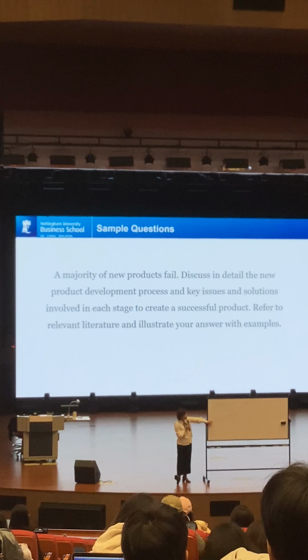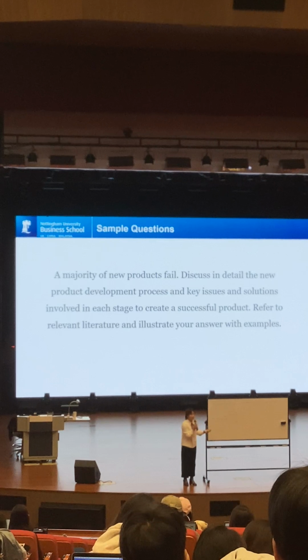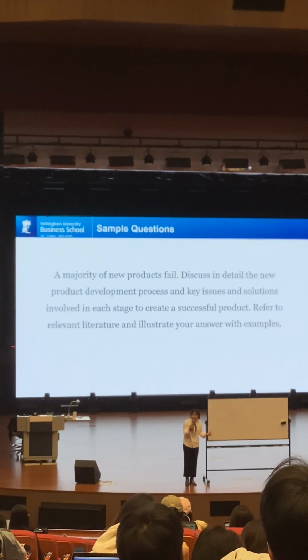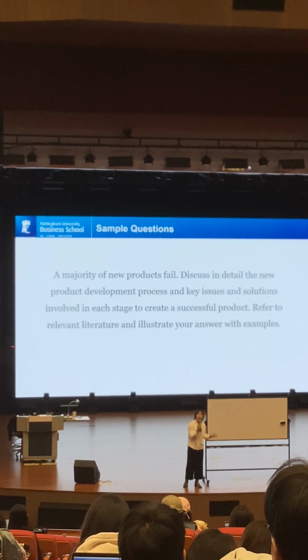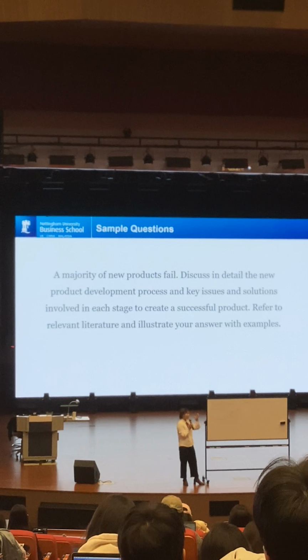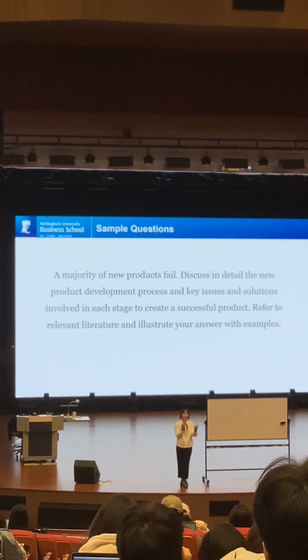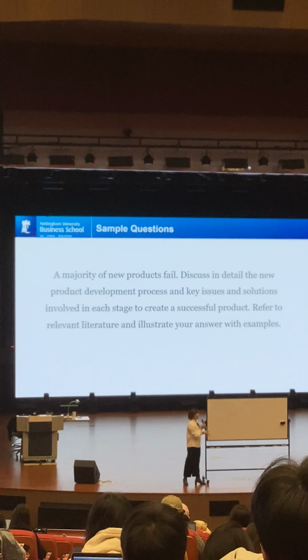And starting with the second paragraph of your main body, you would think, okay, although the new product development process seems very sophisticated, very complicated, to a large extent, a lot of new products fail in the marketplace. For example, when Google Glass was launched in the marketplace, people didn't like it, and actually it failed, and so on, those kinds of examples, right? And start to discuss the issues.